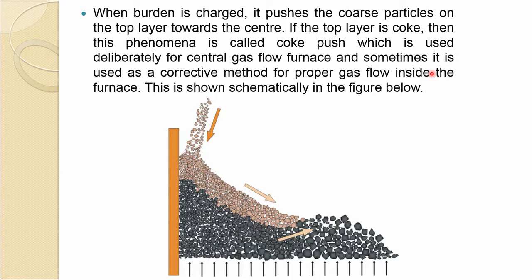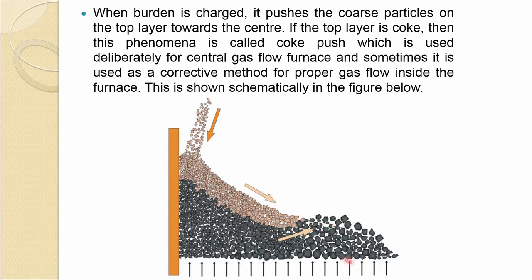As I mentioned previously, gas flow can be controlled using proper size burden distribution. This is one of the ways. If you really want to increase central flow, you charge the other material in such a way that it pushes the larger size coke particles toward the center.